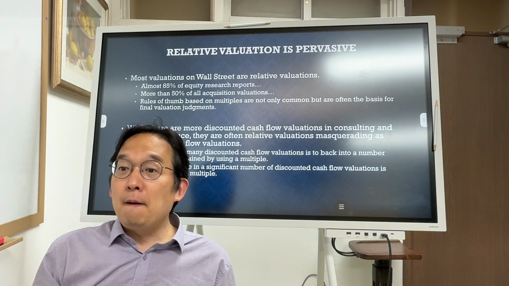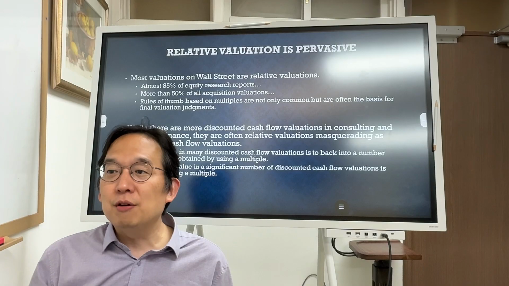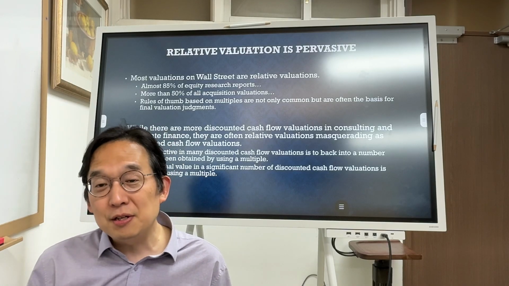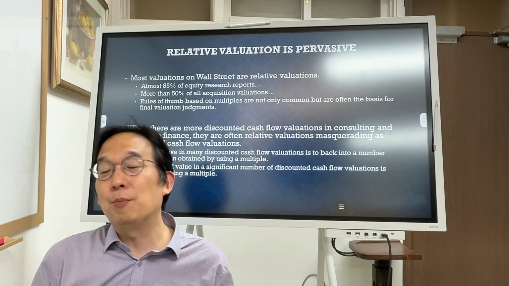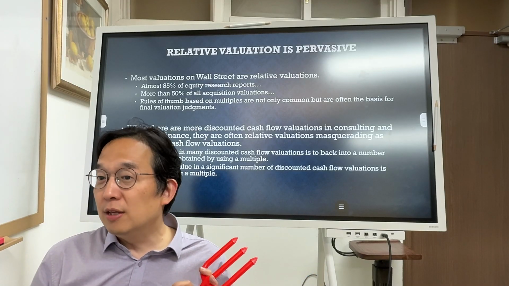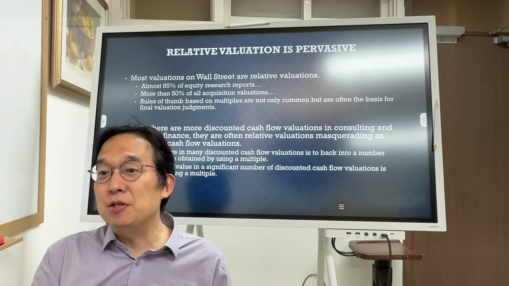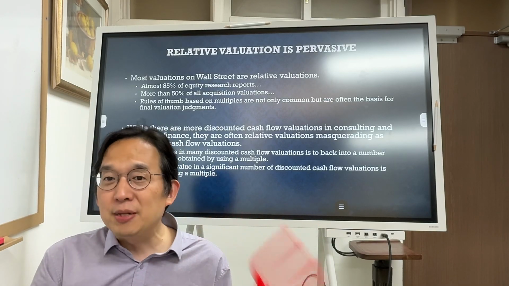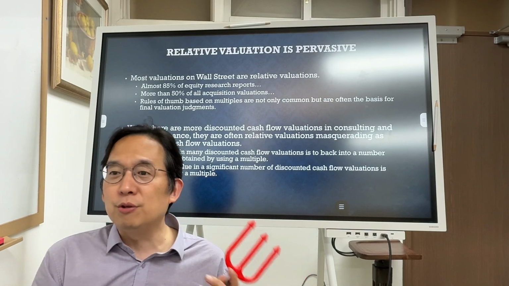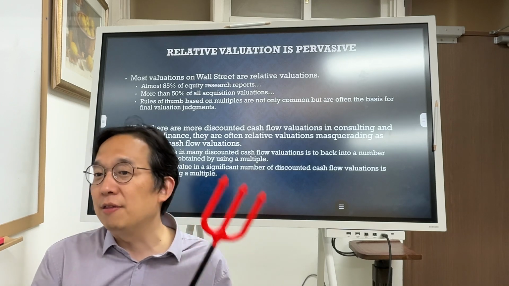Now, most valuations on Wall Street are relative valuations. The equity analyst reports, thousands of them, hundreds of thousands of reports. You see it, and almost 85% of equity research reports are done using this relative valuation, PE ratio or PB ratio, you name it, EV to EBITDA, things like that.